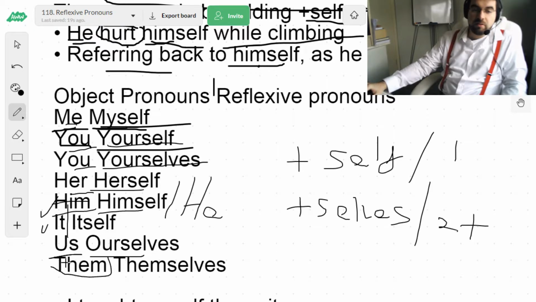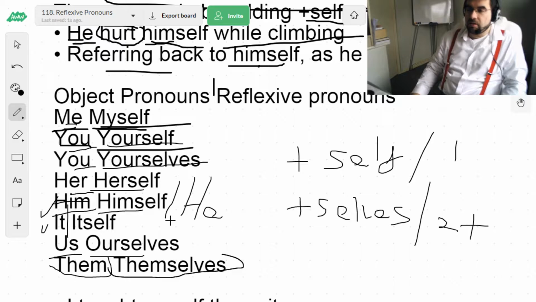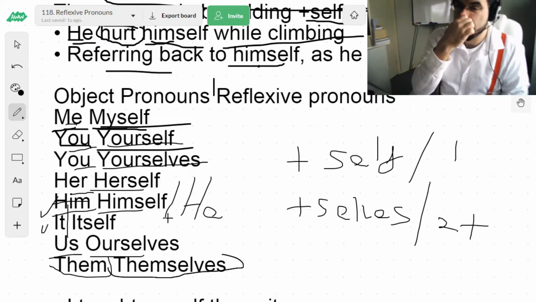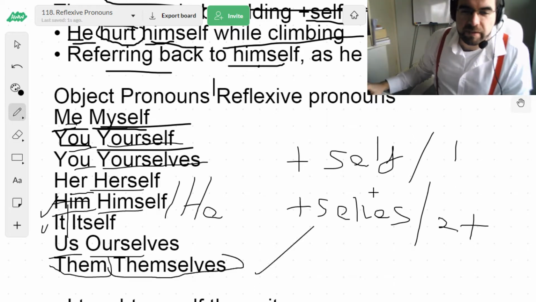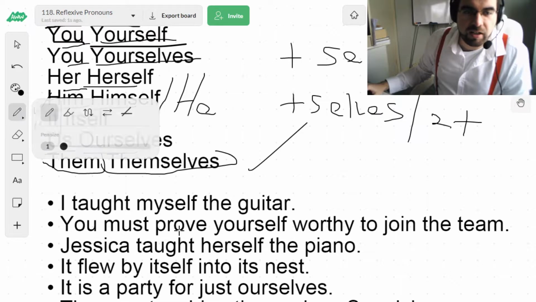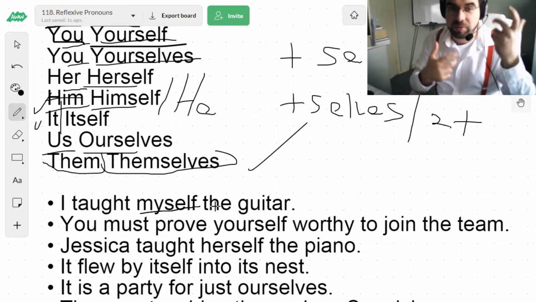Them, themselves. What are they doing? They're talking with themselves. They're partying by themselves. So I taught myself the guitar. I taught myself how to play the guitar.